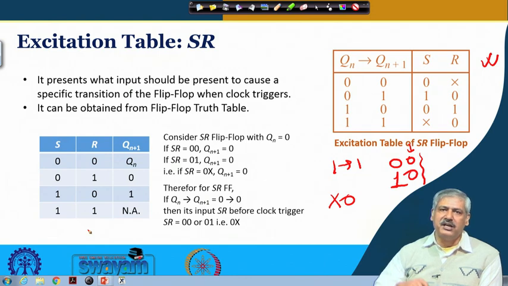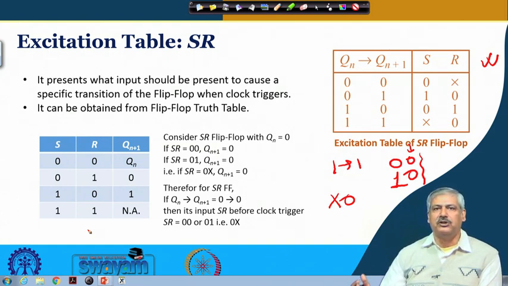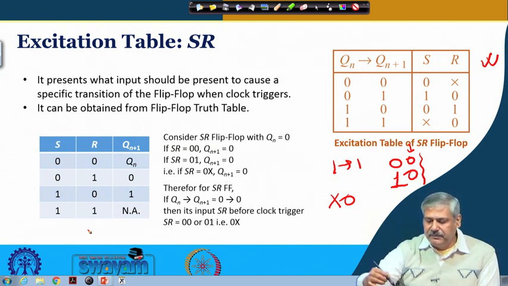So this is looking at it from the reverse direction. Characteristic table, truth table: if this input is there, what change will occur? And excitation table: if this change is to occur, what is to be present as input? So this is the way these two representations differ from each other.